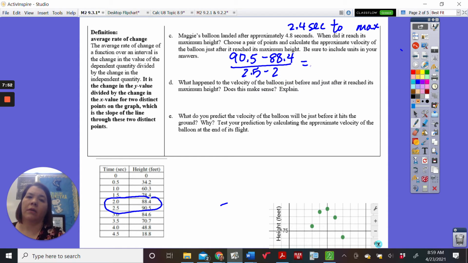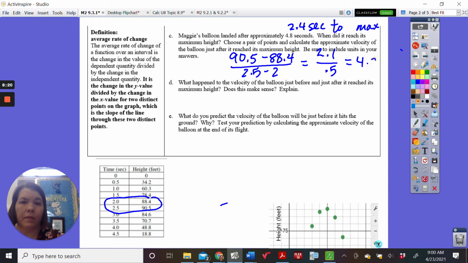And again, using the calculator to get those numbers. 90.5 minus 88.4 is 2.1, divided by 0.5, which is 4.2. Okay, again, feet per second. So it really slowed down.